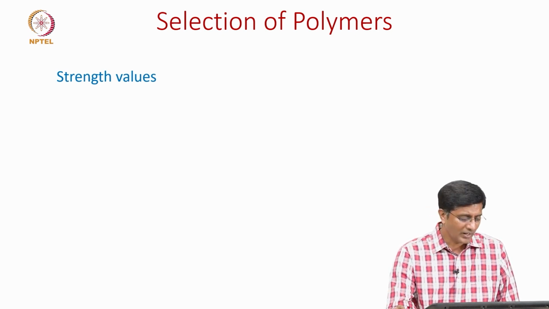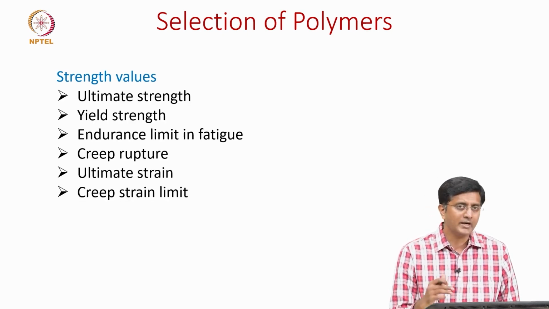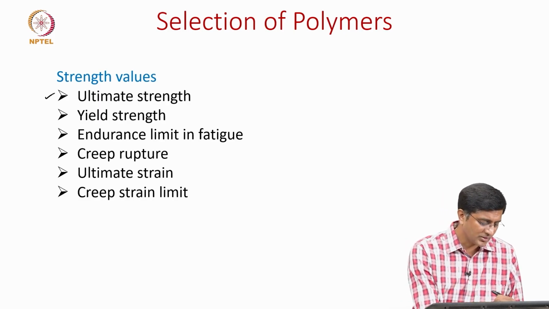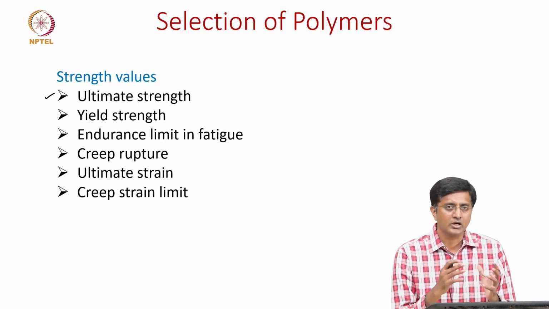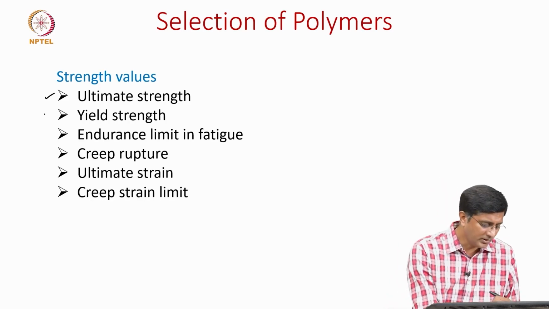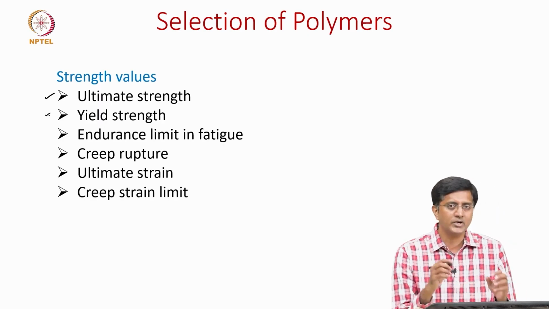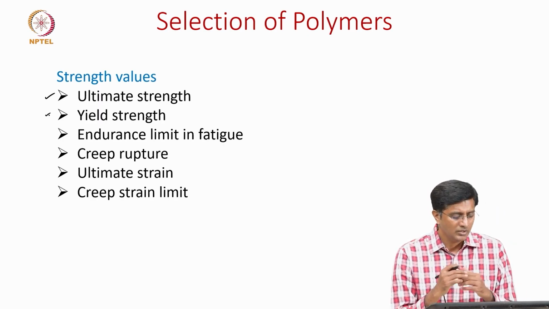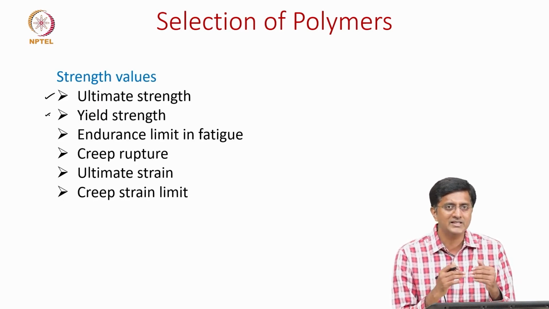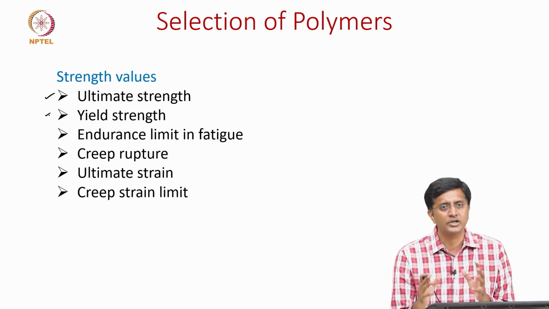So, what are the values we are looking at? We are looking at a series of values starting with ultimate strength. Let us say the kind of failure which is more important is the complete failure, then we look at ultimate strength. But there are some applications where even the change of the shape is critical. Then even before we look at the ultimate strength, we also look at the yield strength, so as to make sure the component does not deform plastically.